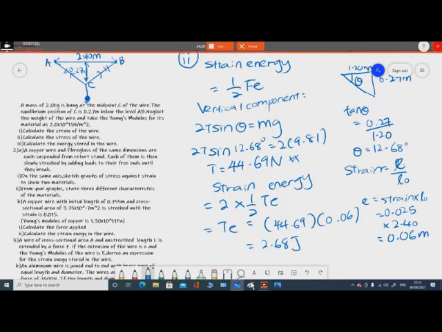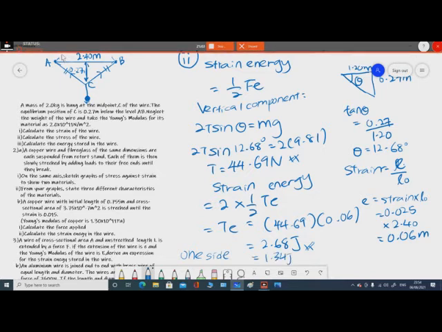Okay, so this 2.68 is actually for both tensions. While for one side of the tension, this strain energy shall be divided by 2. So for one side, which is AC or BC, 2.68 divided by 2 is actually 1.34 joule.